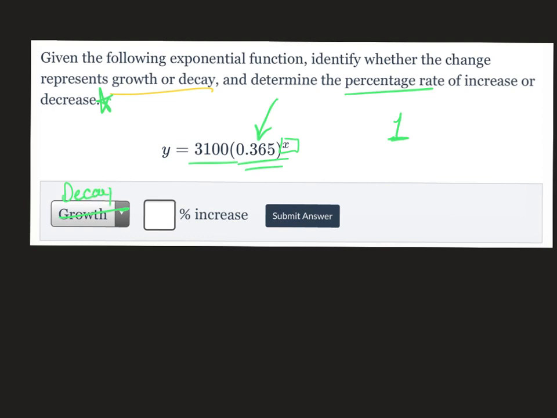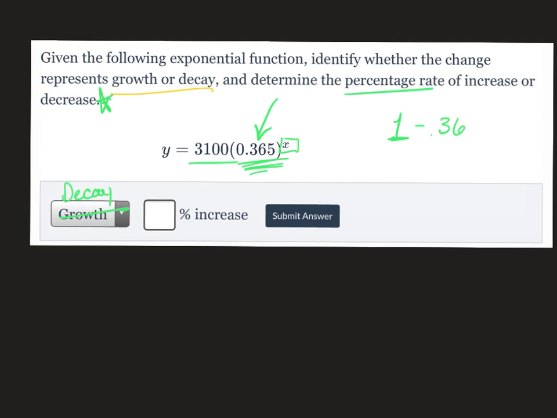And the amount of decay is not 0.365. A lot of people are going to put in that answer. Make sure you think this through. If I'm at 36.5% and I started at 1, well, I have decreased by 63.5%.